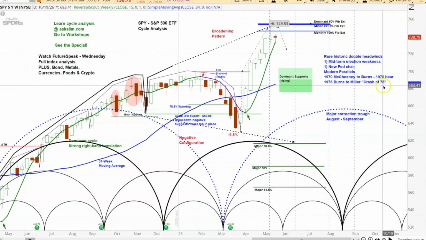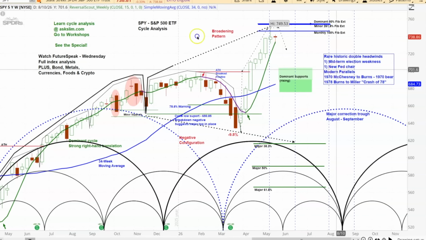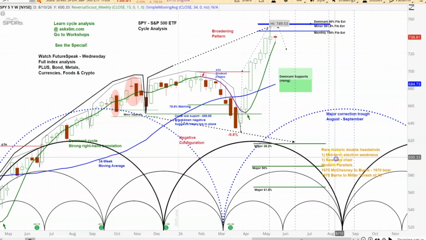And that year was the crash of 78. That was actually my very first massively profitable trading year, when the crash of 78 came. So that was a very good year for me because the market moved, and you could see these parallels in here.